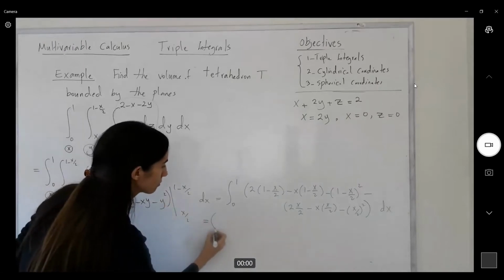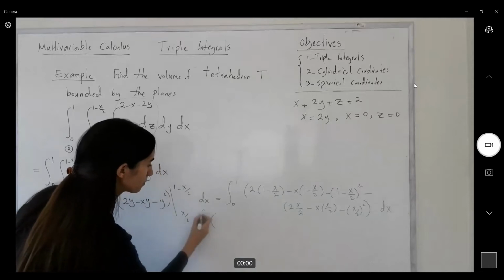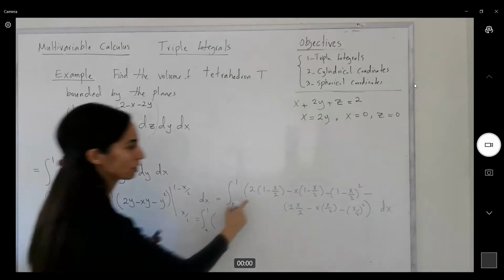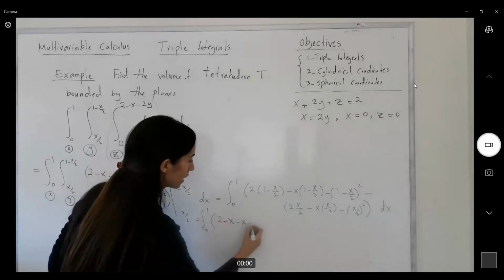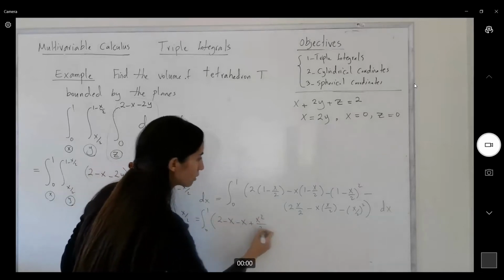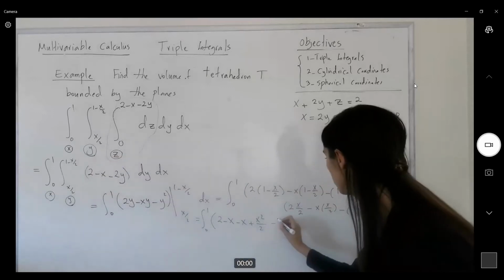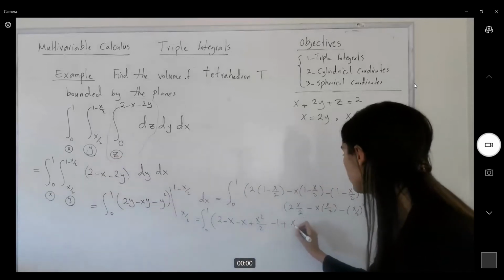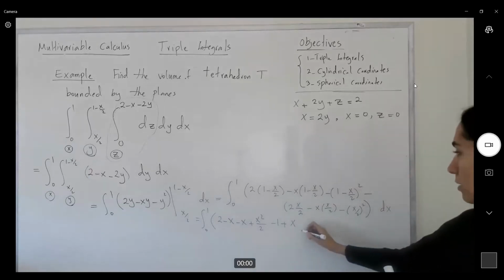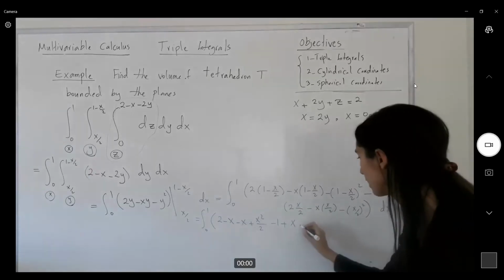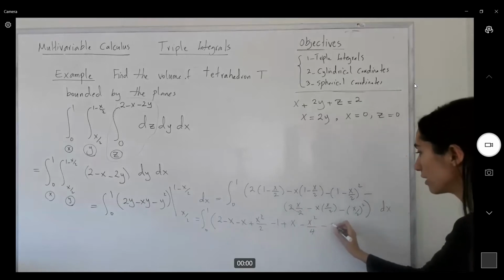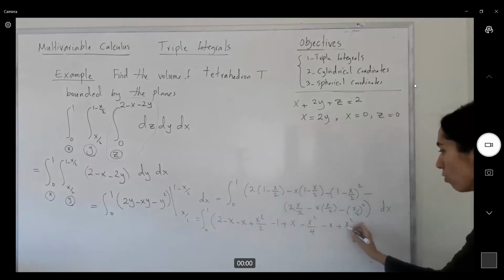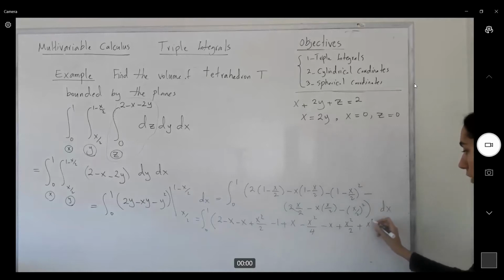Here we have the integral from 0 to 1. If I distribute 2, I get 2 minus x plus x squared over 2 minus 1 plus x, and let me see, minus x squared over 4. So here I have minus x plus x squared over 2 plus x squared over 4, and dx.